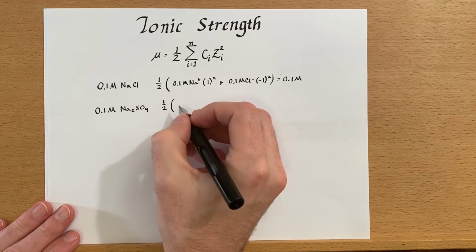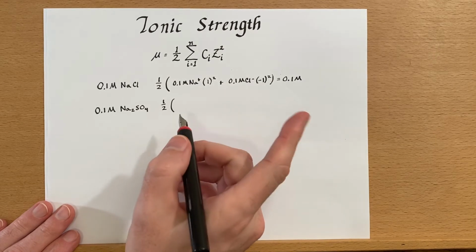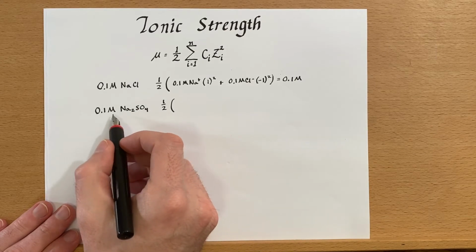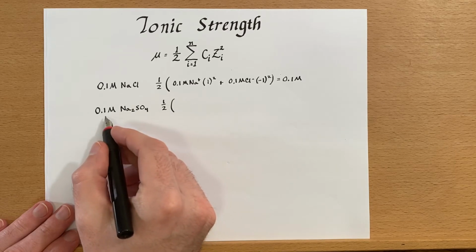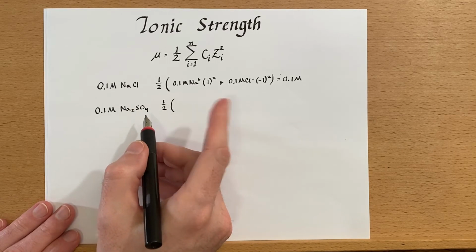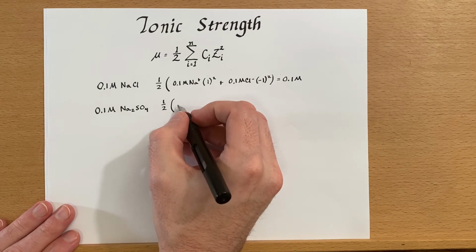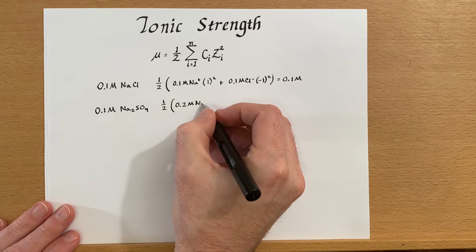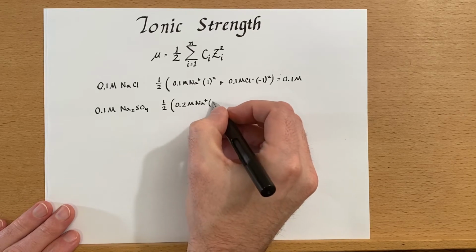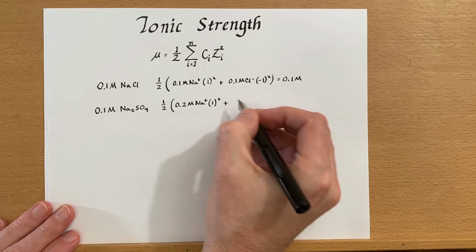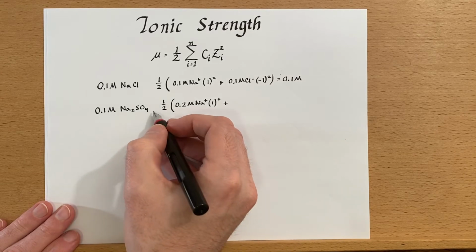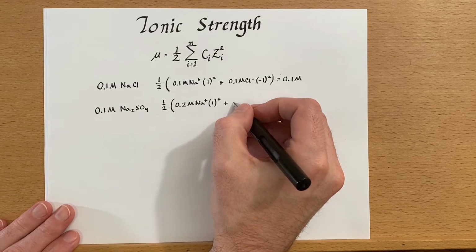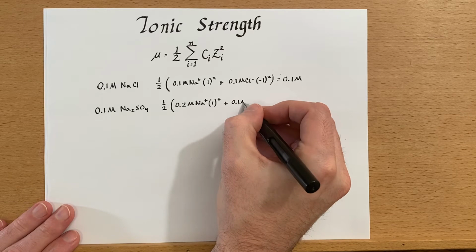So we'll take 1/2 again, and then we'll multiply it by the concentration of sodium ions in the solution, which is that there are 2 sodium ions for every 1 sodium sulfate, so the concentration is actually 0.2. In this case, still a charge of +1, and then we need to add in the amount of sulfate. There's 1 sulfate for every sodium sulfate, so 0.1 molar.